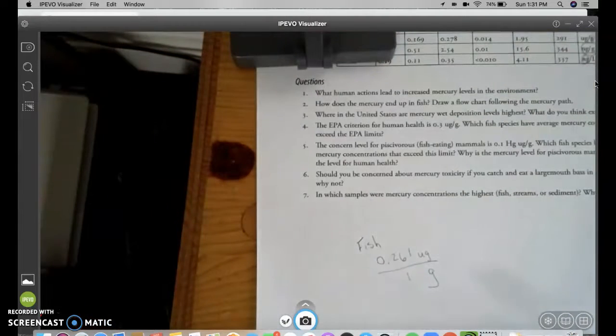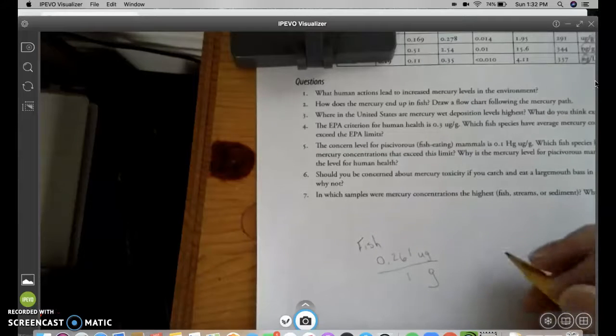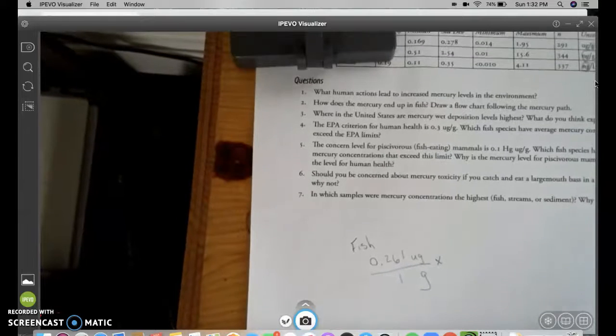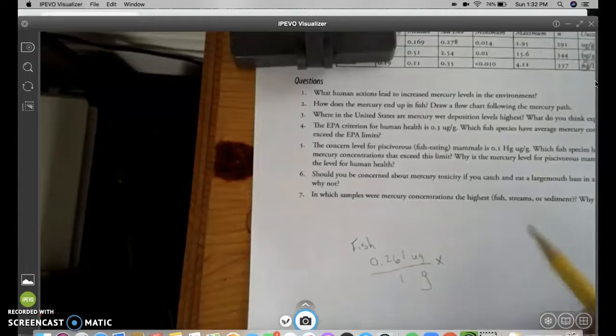So that's what you have for your fish. Okay, so we're trying to go from micrograms per gram to nanograms per gram, right? So what you're going to do is some dimensional analysis, or you're going to work with some fractions. Okay, so when you're doing micrograms per gram, we're trying to go to nanograms, right?